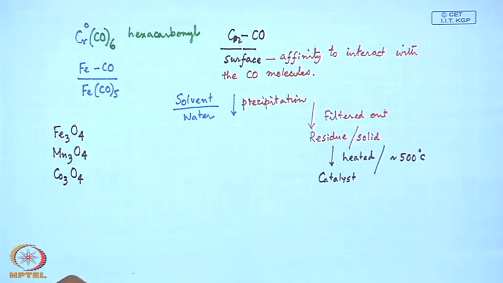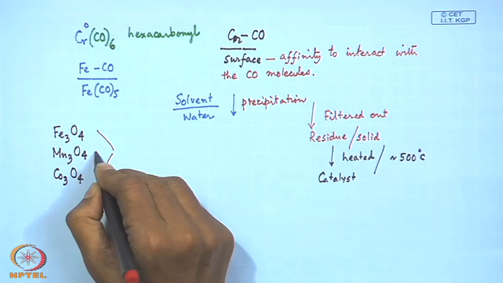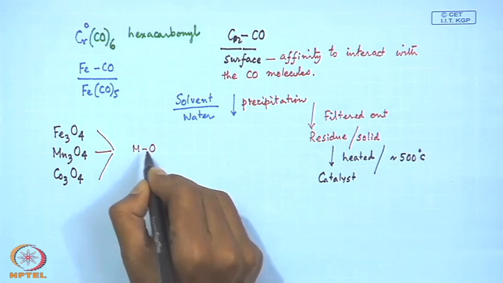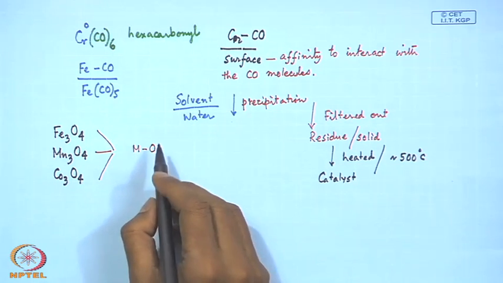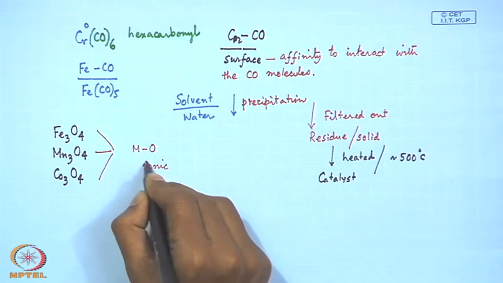All these molecules or systems can have a very strong M-O bond, and the nature of this M-O bond is ionic type.